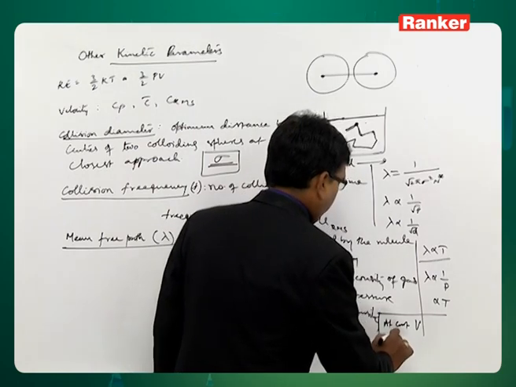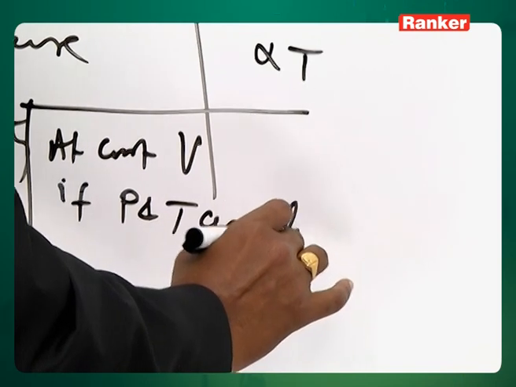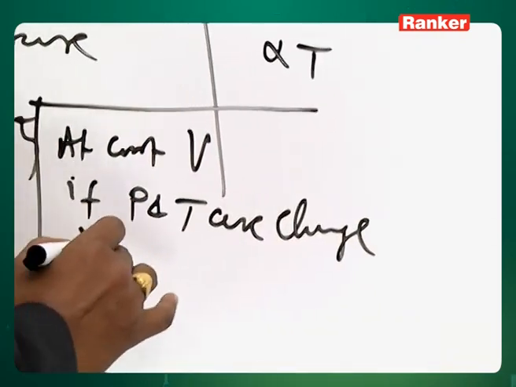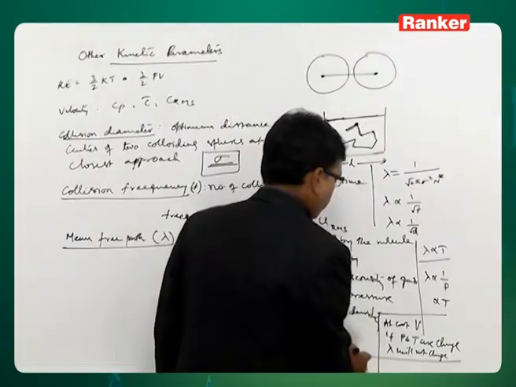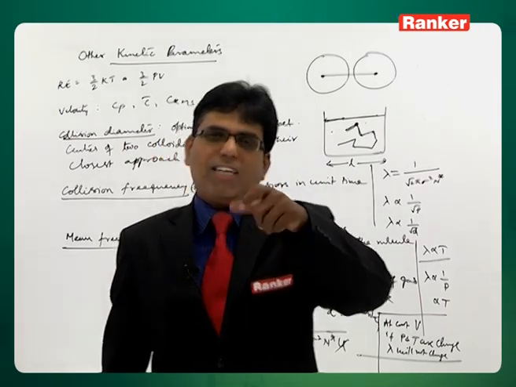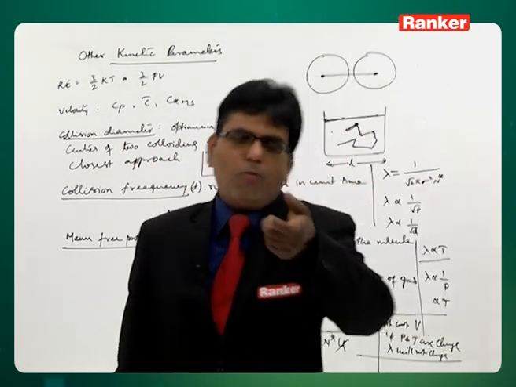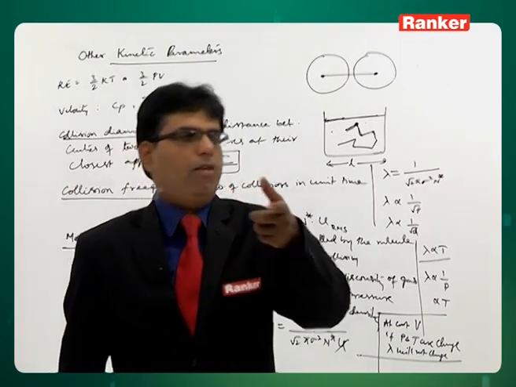Lambda at constant V, if P and T are changed, lambda will not change, because at constant volume, if pressure and temperature both are changed, one compensates the other. As a result, there will be no change in the mean free path.